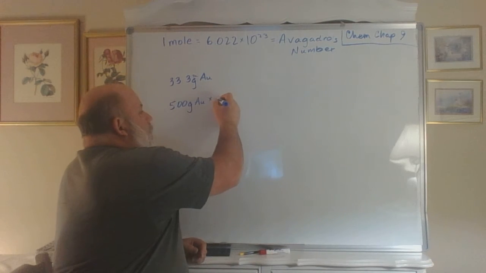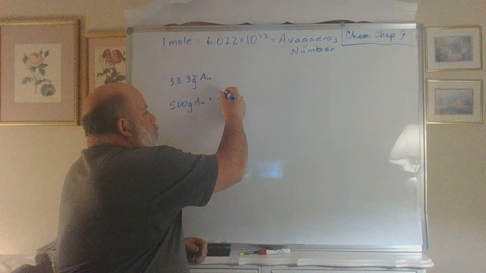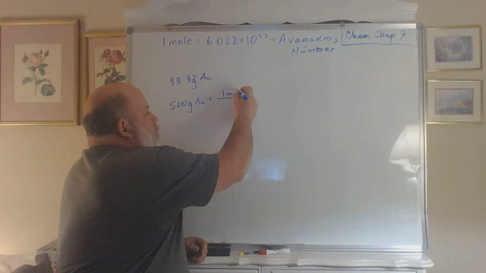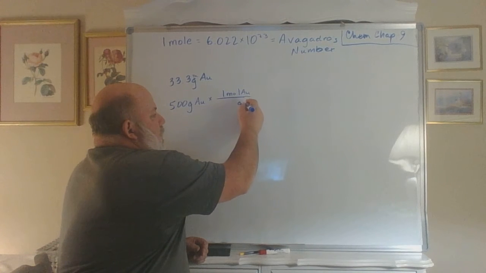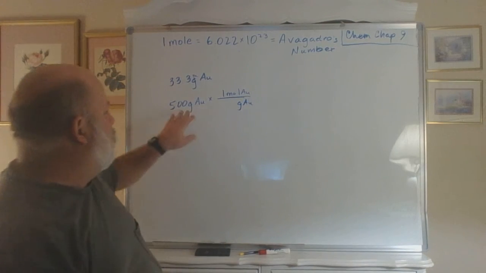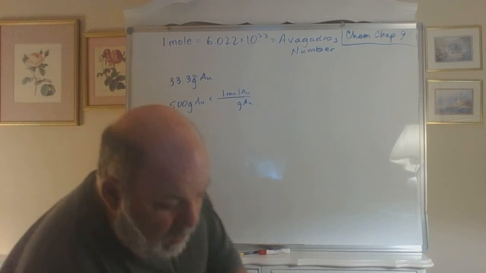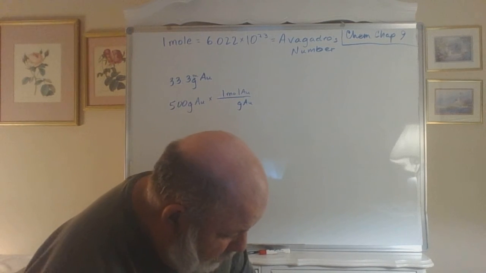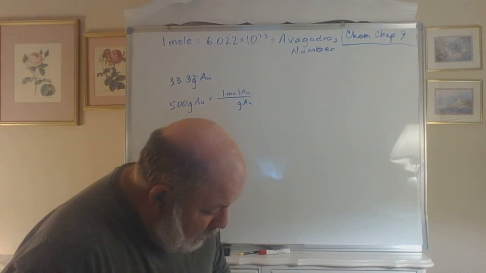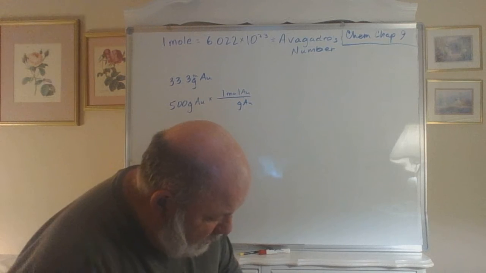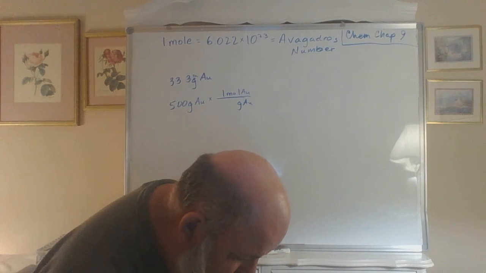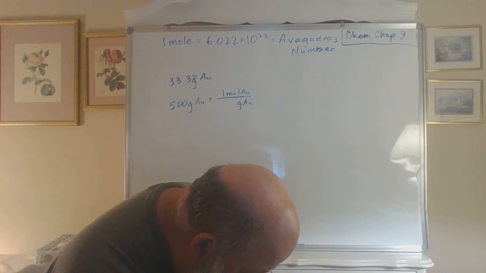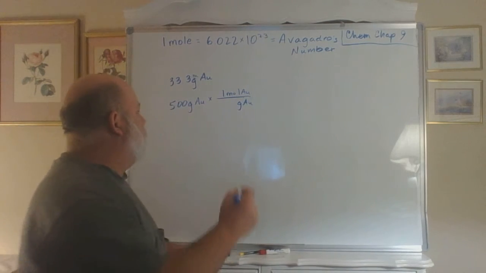Well, I know that 1 mole of gold, and now you'll notice I've got moles on top and grams on bottom because I'm converting out of grams. Well, I don't know. How much does gold weigh? 1.97 grams. I've got notes written here, and I don't know if it's 1.97 or 197. Probably, nope, it's 197 grams.